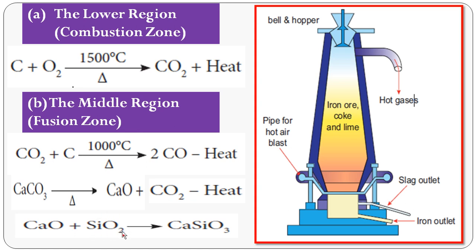SiO2. Now CaO plus SiO2 gives CaSiO3. This is calcium silicate. The calcium silicate is a slag. So in this outlet, first you remove the slag. Which is the slag here? Calcium silicate is the slag. So first you remove the slag through the slag outlet.